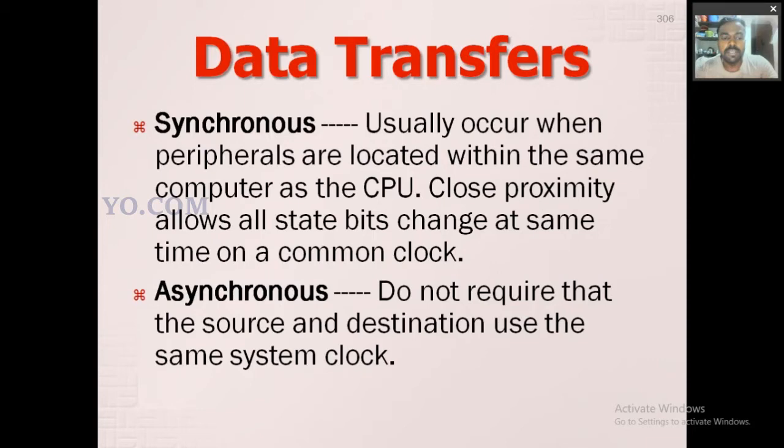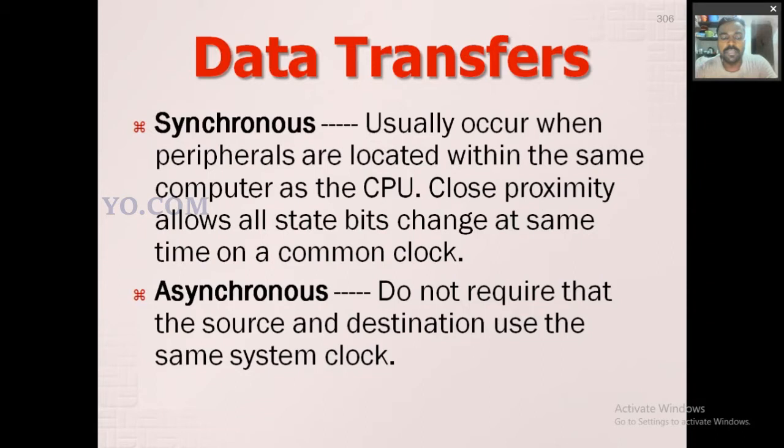The data transfer is divided into two types. One is synchronous and another one is asynchronous. Synchronous means the peripherals are located within the same computer as the CPU.